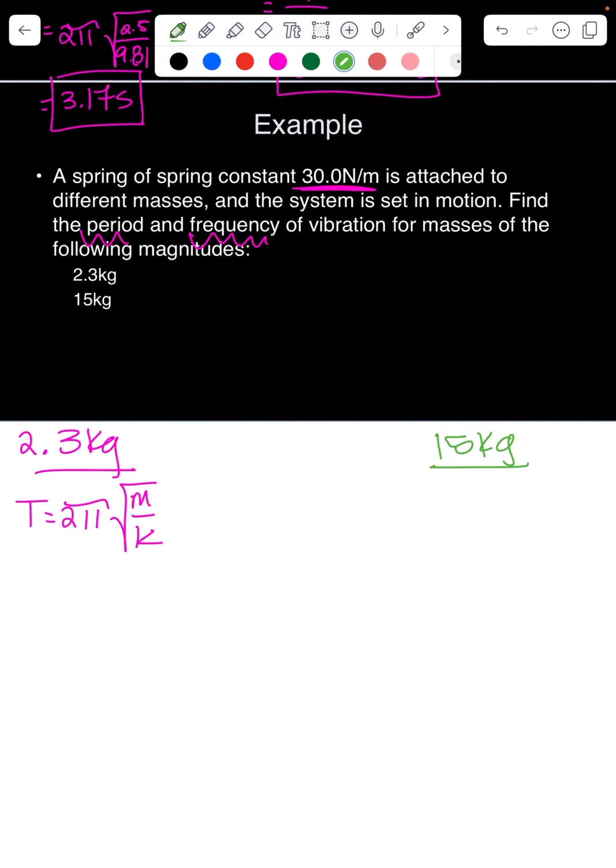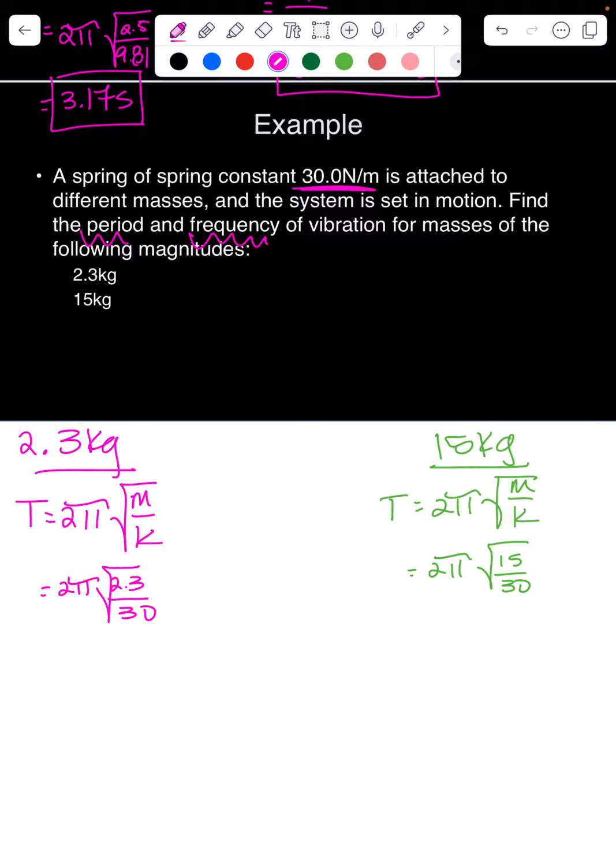We use that same equation for both masses. For the smaller mass, that's 2 pi times the square root of 2.3 divided by 30, while the larger one will have 2 pi times the square root of 15 divided by 30. Again, we do not have to rearrange this. It's just a plug and chug problem.